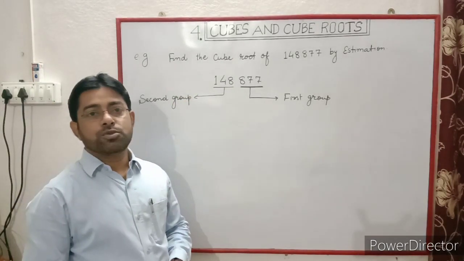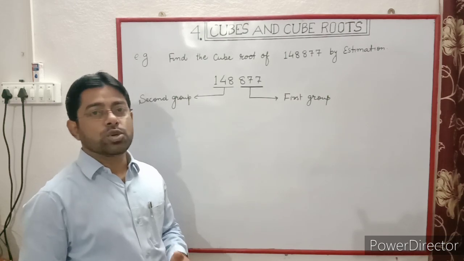From the first group, we have to find the unit digit of required cube root.